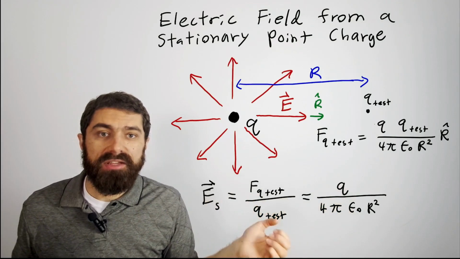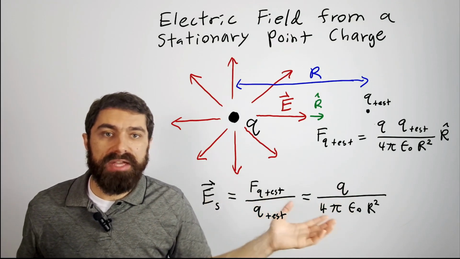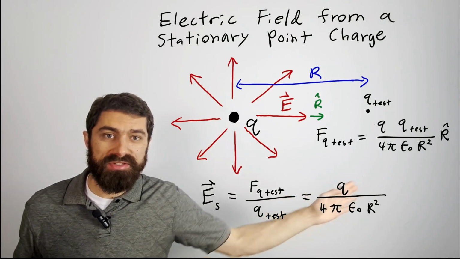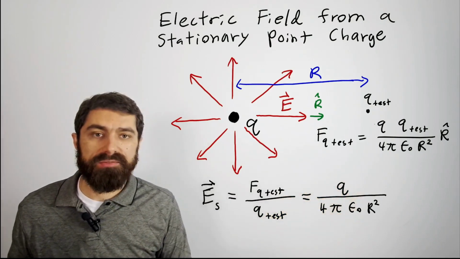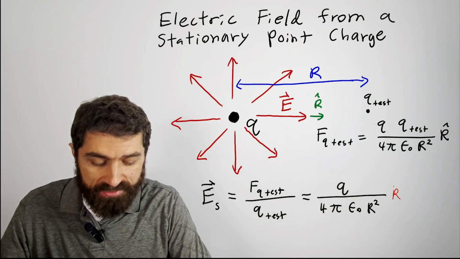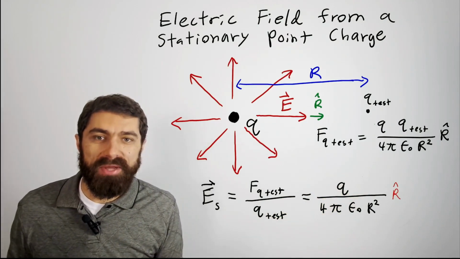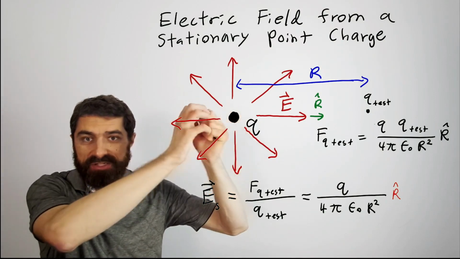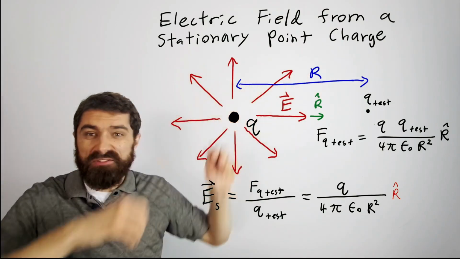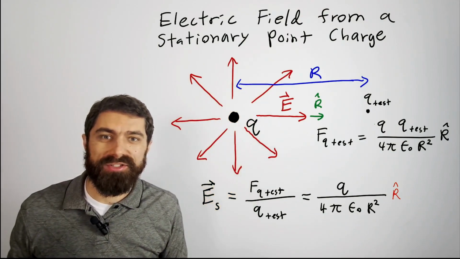So basically, you can say that the electric field from a point charge is equal to this whole expression here. And I also just realized I forgot the r hat unit vector there. But basically, you can think of the electric field as emanating radially or spherically from the point charge.